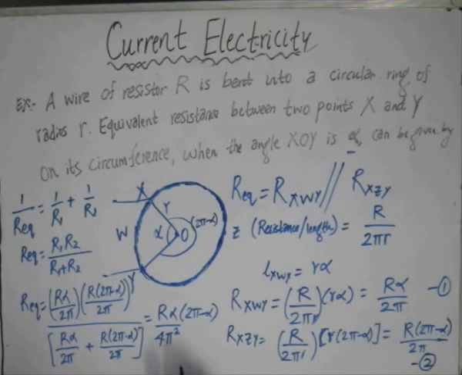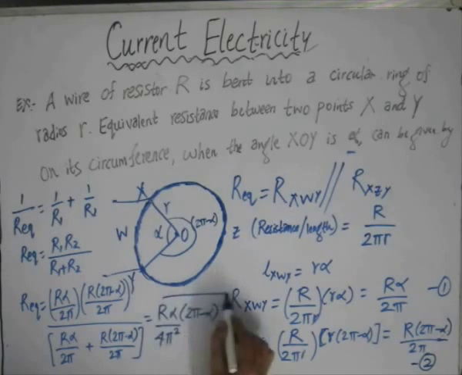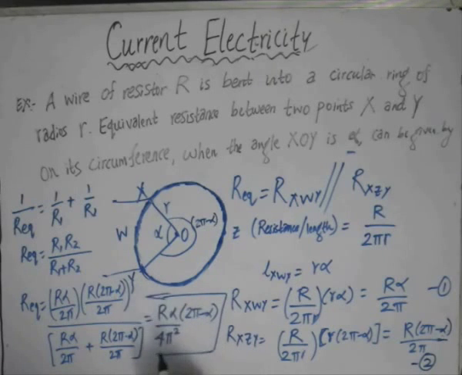This is what we obtain after solving the equation. This is the value of the equivalent resistance between the points X and Y. So this is how we obtained the value of the resistance when the wire was converted into a circular ring.